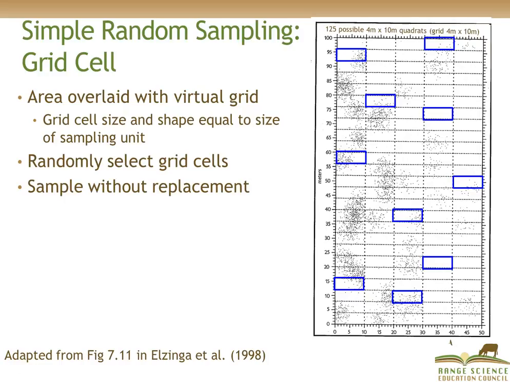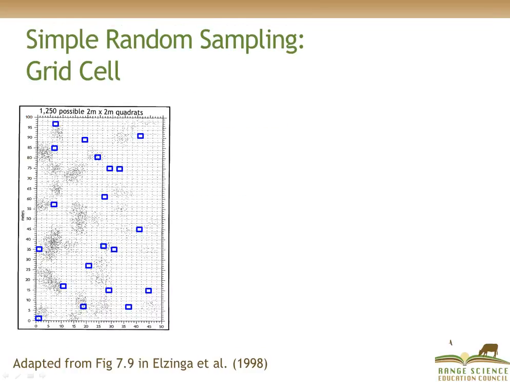Because of the randomization of selecting units, you can end up with a sample that may under or over represent certain areas with this approach.